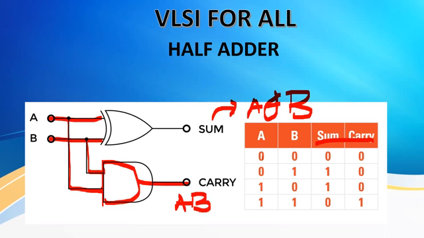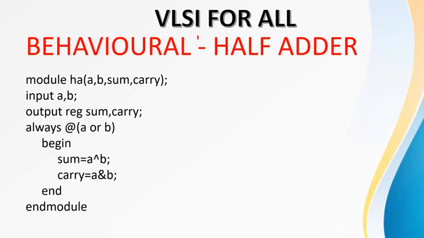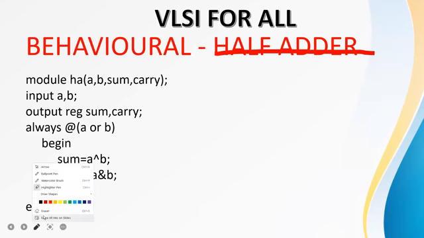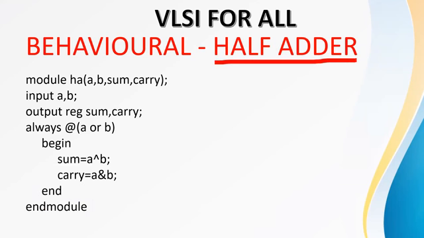Hope you all have got the idea about half adder. In the next slide, we have the behavioral coding style in Verilog. This half adder, I'm coding it in behavioral modeling.